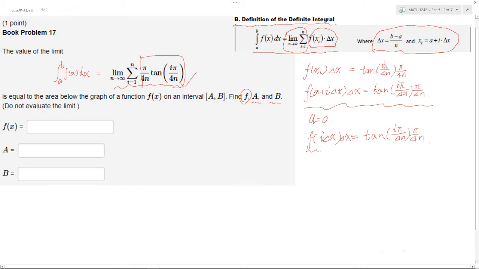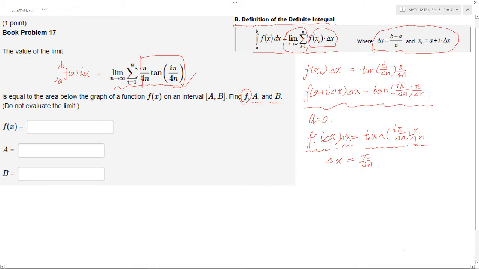You see, the first part is a function. For the right side, the first part is a function as well. And the second part is delta x, and here is an expression. They are very similar. Here is i times delta x, and here is i times something. So here is a delta x, and here is something. So they are the same. So we just let delta x equal to pi over 4n.